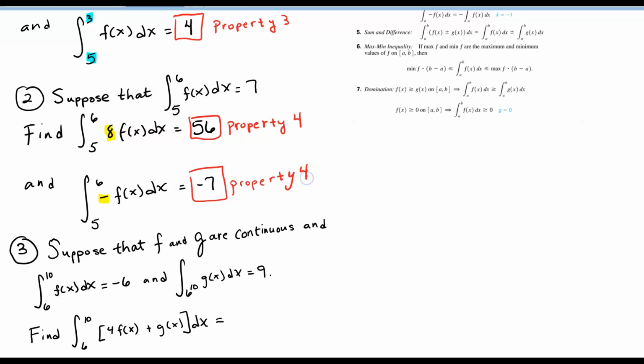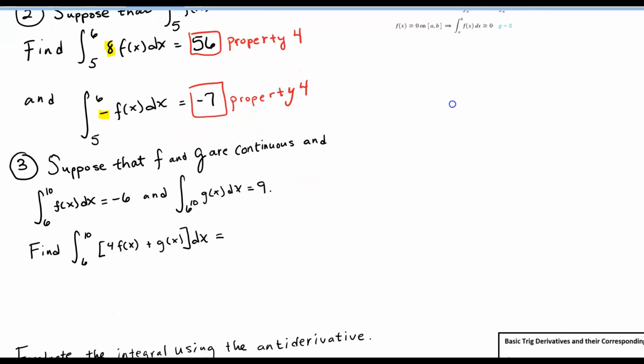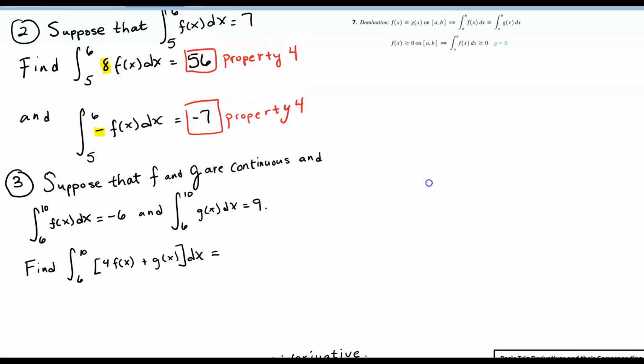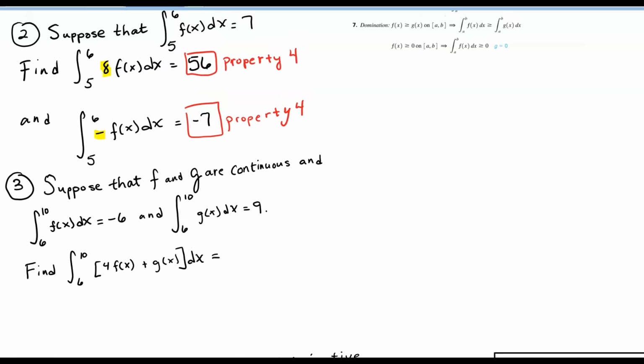All right, and now let's take a look at the last example. It says, suppose that f and g are continuous, and the integral from 6 to 10 of f of x is negative 6. And the integral of g of x from 6 to 10 is 9. So this one right here, they're asking us to do kind of a constant multiple rule.